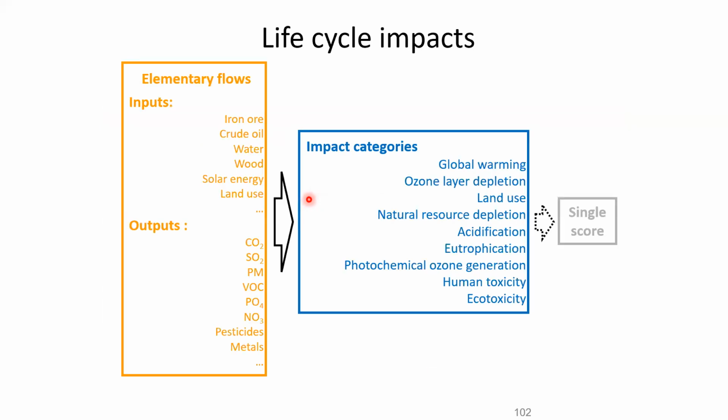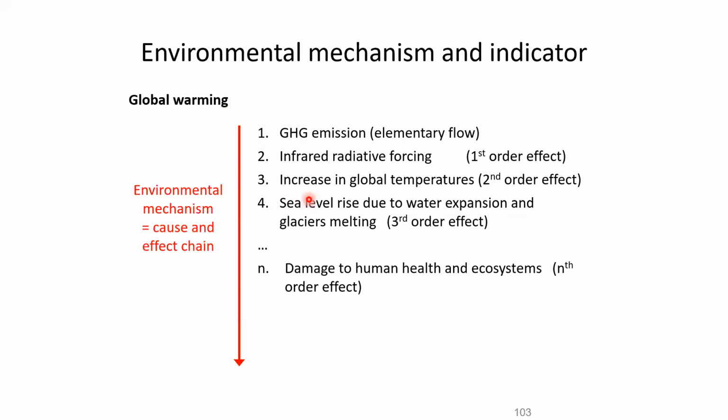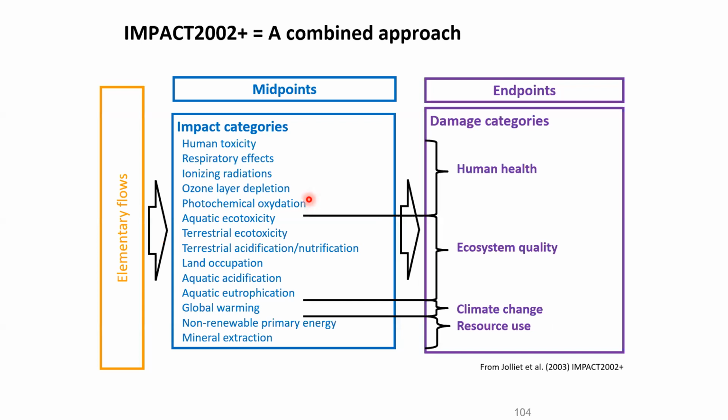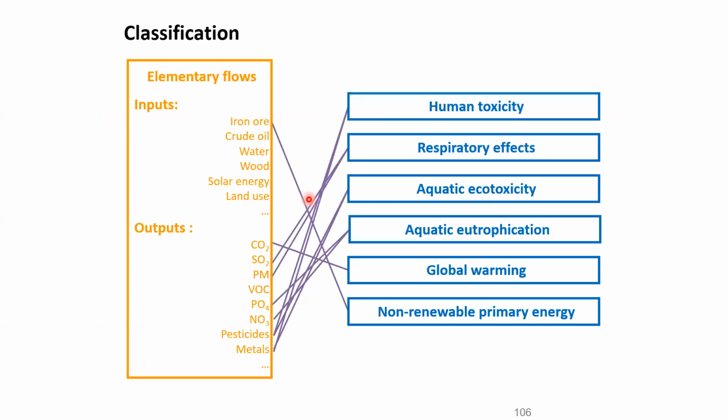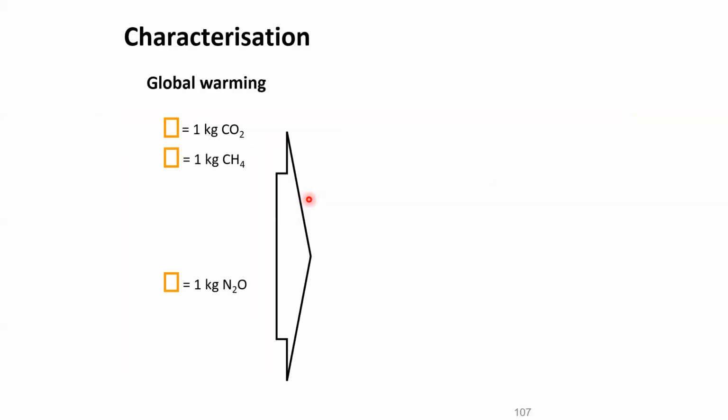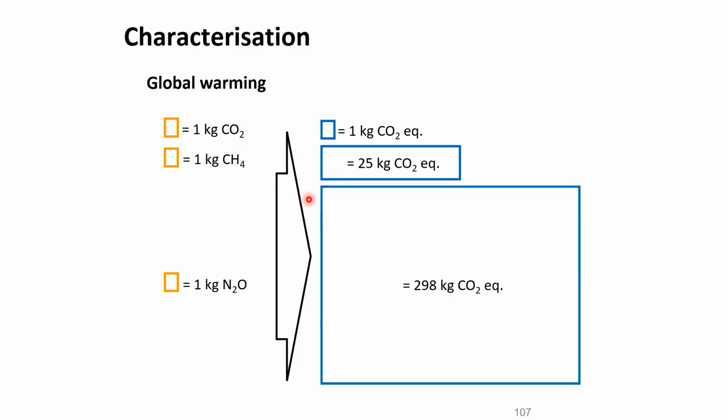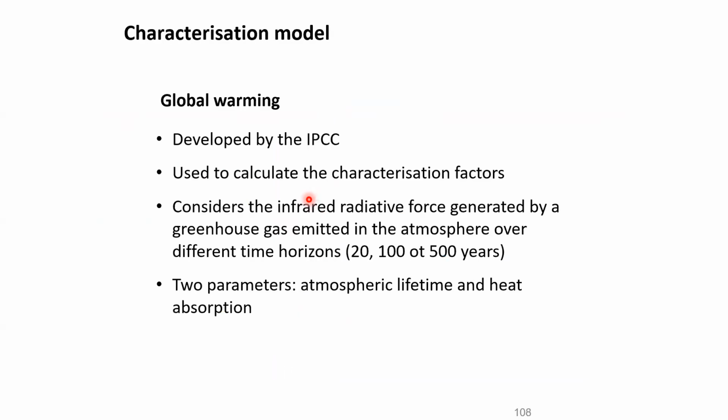Then we already talked about impact assessment methods. There are different ones: global warming, GHG emission, and infrared radiative forcing. When you take these in midpoint and endpoint and compare them together, you can put them in different categories. So for global warming, 1 kg CO2 is 1, 1 kg methane is 25 kg CO2, and N2O is 298 kg CO2.